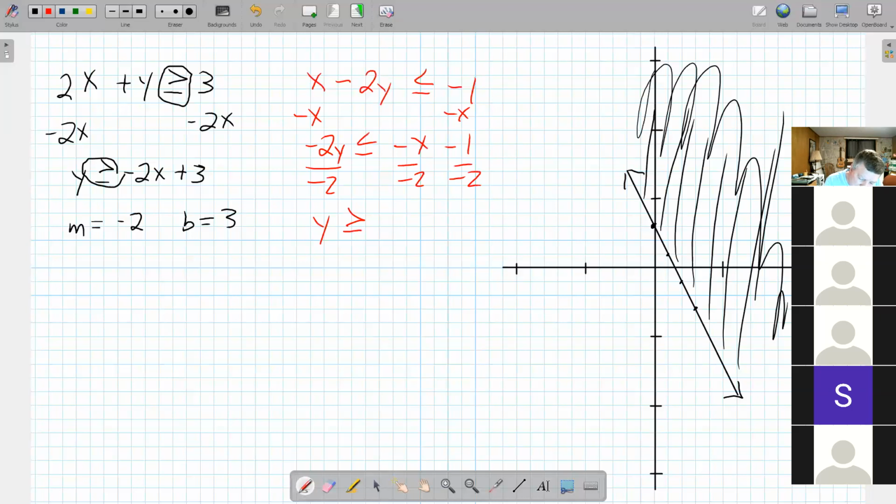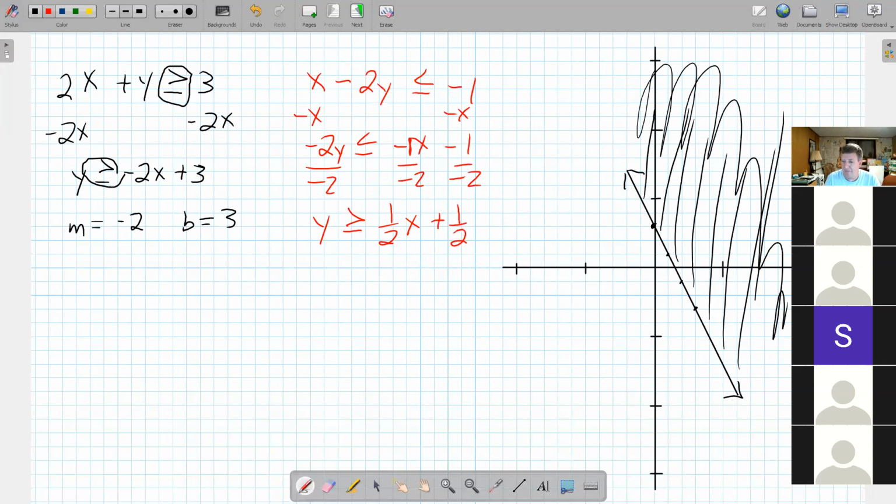Don't forget there's an implied 1. So it's -1x over -2. Negative over negative is positive. So I end up getting 1/2 x. And then -1 divided by -2 would be +1/2. So the slope is 1/2. And in this case, the y-intercept is also 1/2. That's going to make things a little bit tricky, but we're okay. Any questions yet?